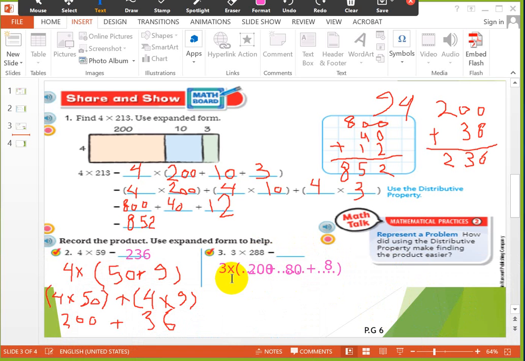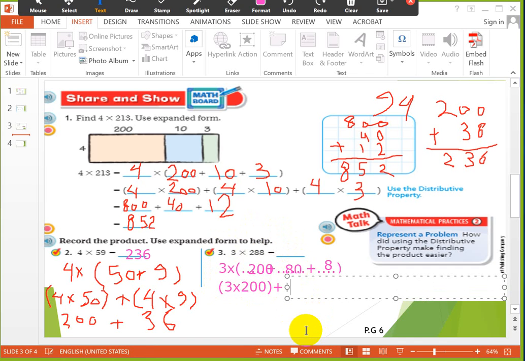So now I will multiply this 3 with each digit. First thing, I will multiply 3 with 200, and put it between parentheses like this. Then I will take this 3 and multiply it with the tens number.